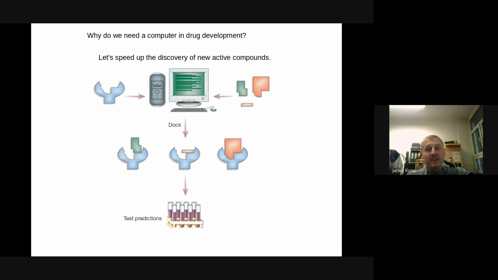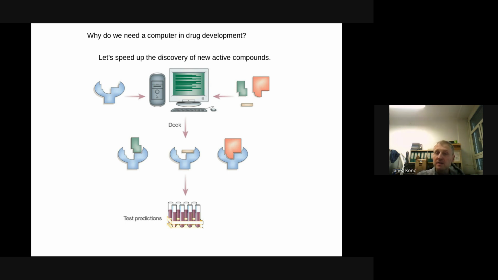So we take a protein structure, and we take a database of ligands, usually small molecules or other proteins, and then we insert these two components in a computer, and we try to find the best combinations of proteins and small molecules which fit together the most perfectly.